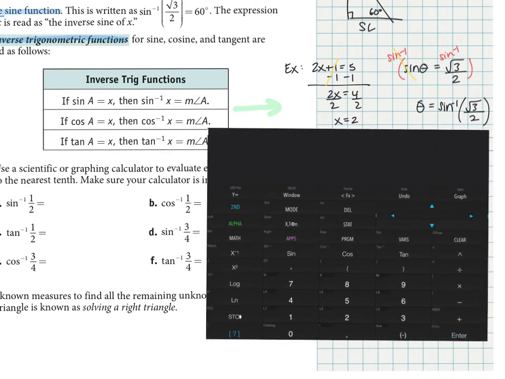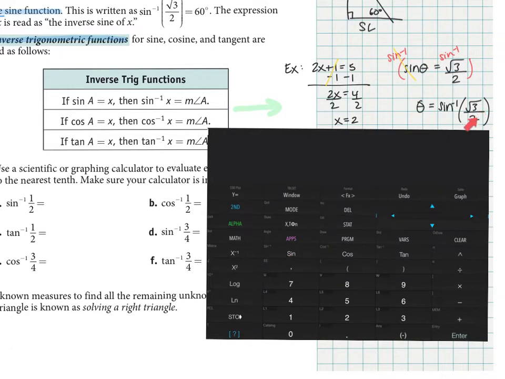You can see the buttons that I'm working with are not just the sine, cosine, and tangent, but do you see these buttons? Those are our inverse buttons. That means we have to press the second button first before we click this. So in order to type this in the calculator, I first want to click the second button, then I want to click sine, so that it pops up the inverse of sine.